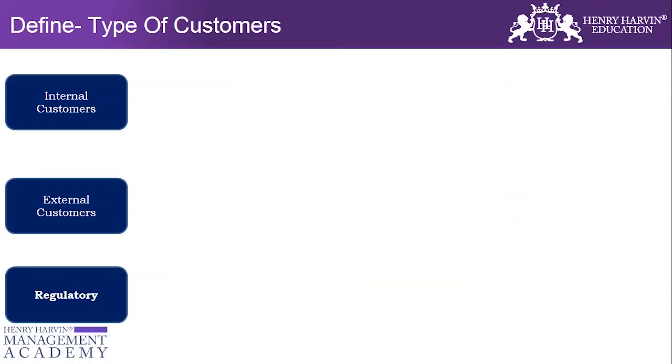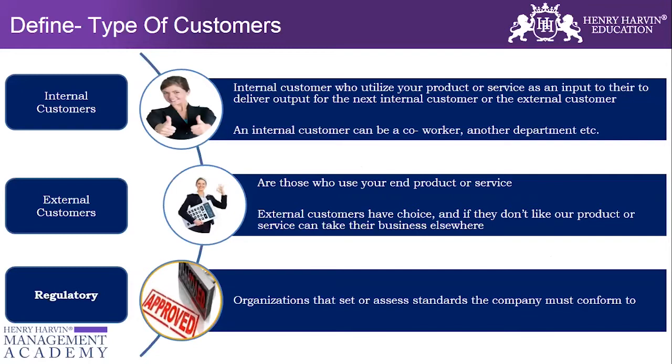Okay, before we get into the project charter, it is very, very important for us to understand the different types of customer that we have. We have internal customer, we have external customer, and we have regulatory customer. Let's understand these customers one by one in detail. Who are our internal customers?